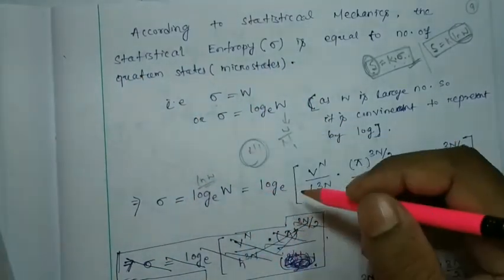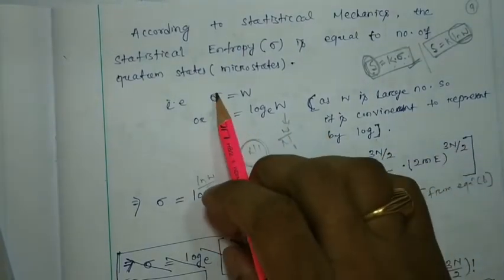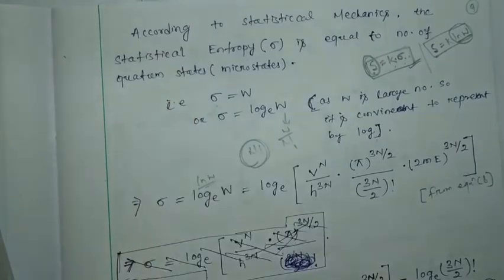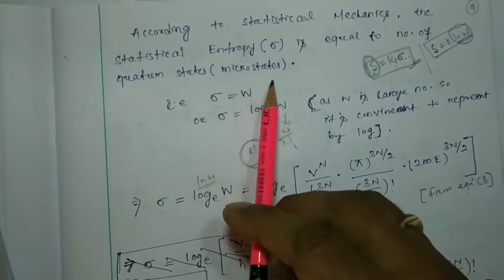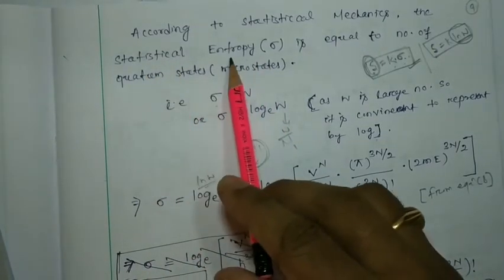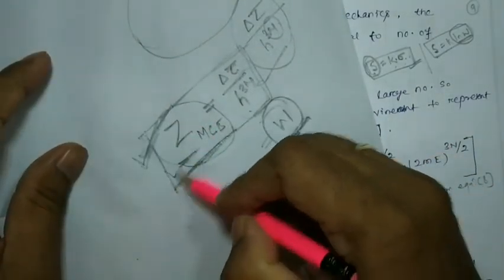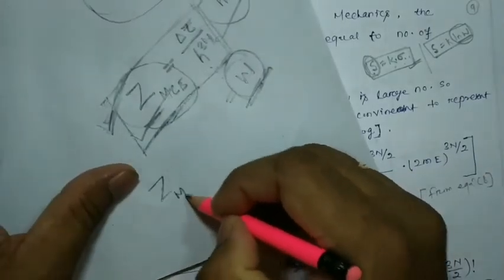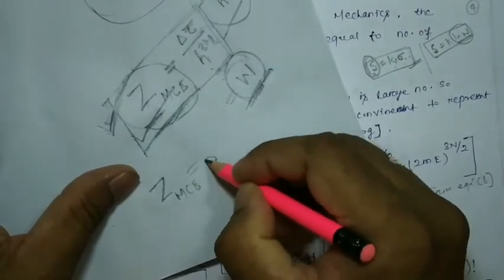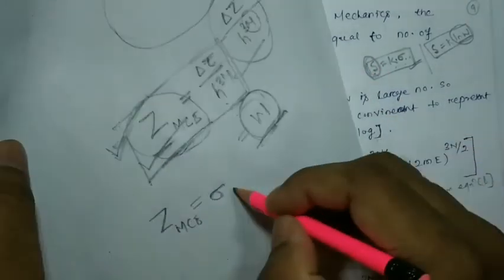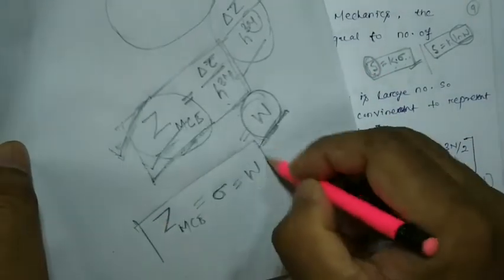Yes, in case of microcanonical ensemble, the number of quantum states or microstates is nothing but your statistical entropy, or the so-called partition function. Also you can say that the partition function, that means Z of the microcanonical ensemble, is nothing but sigma, that is your statistical entropy, is nothing but W. All are equal.